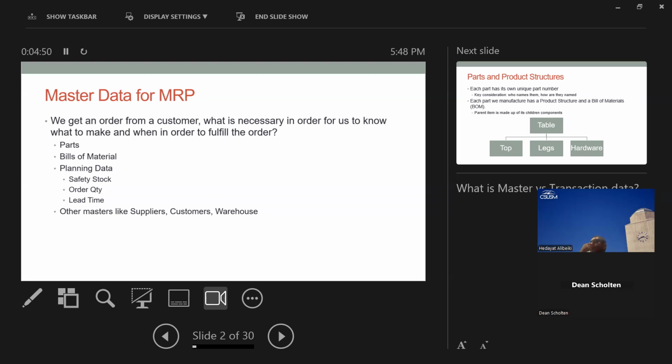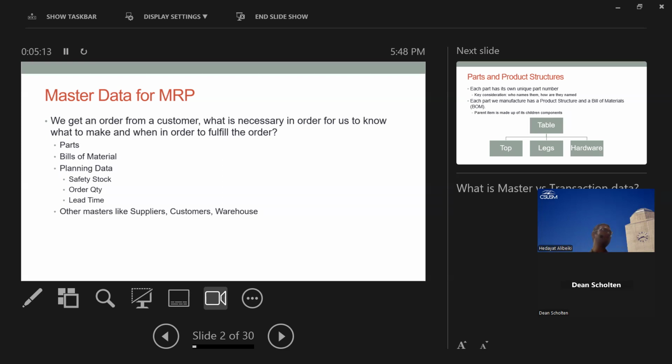Order quantity and order quantity policy is important because for items there may be different requirements. We may have items that have to be ordered in boxes, in cases, in pallets, right? Different suppliers may have different requirements when it comes to ordering. So we need to know that in advance.